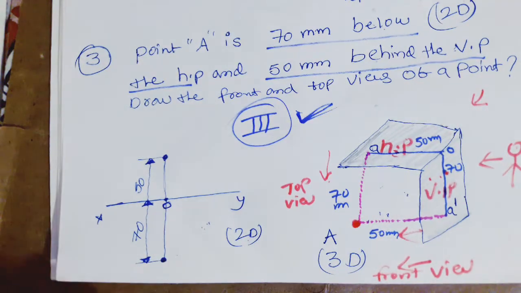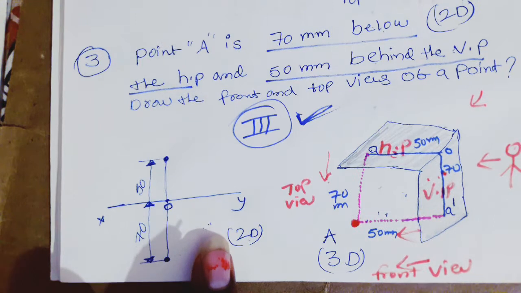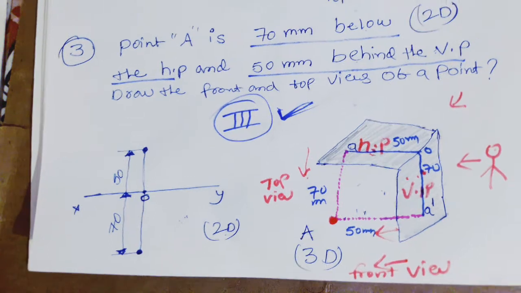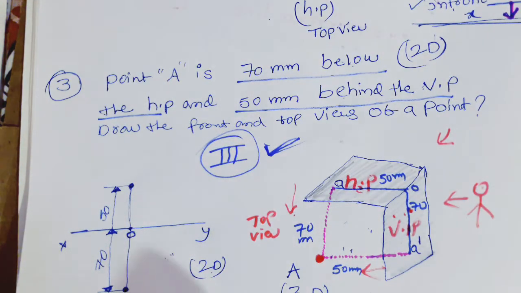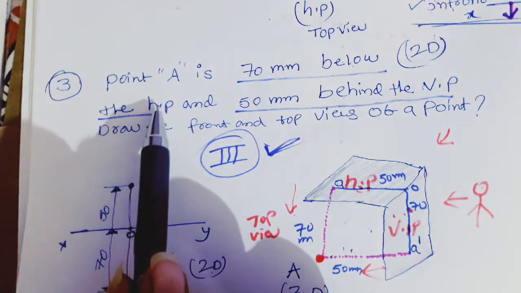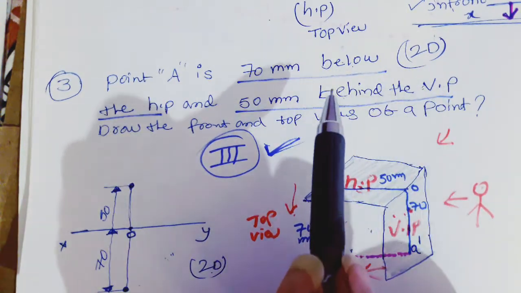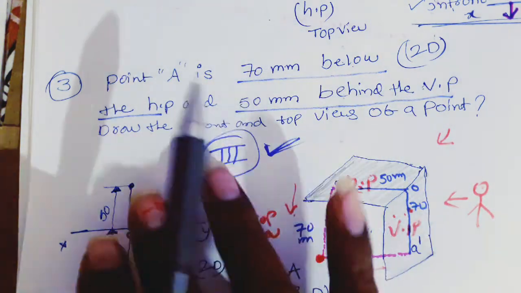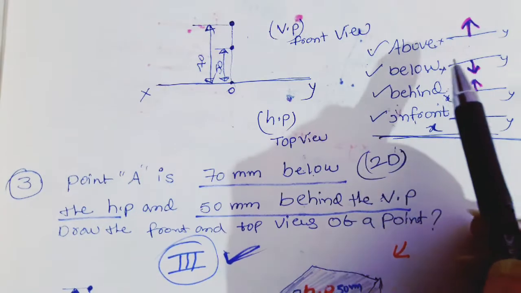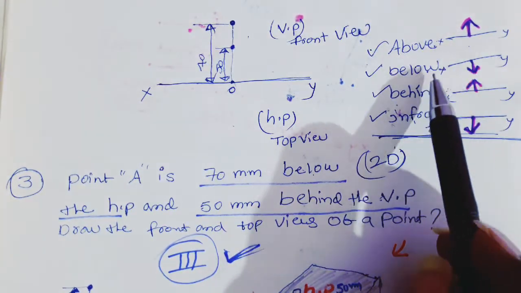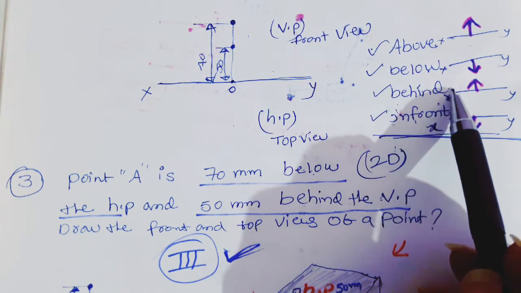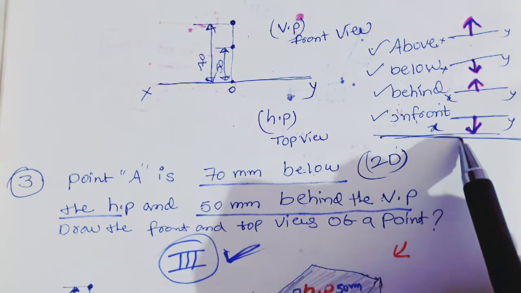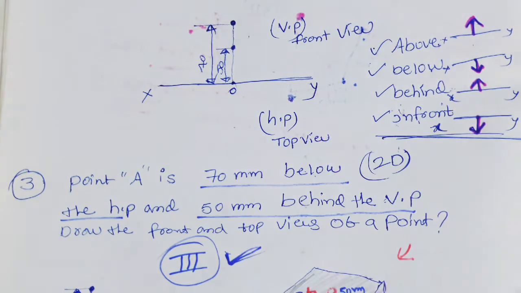In this way you have to show the third condition, when the object is placed below the HP and behind the VP. Try to observe what is given, HP or VP. If the condition is given like below, behind, in front, above, just follow this. Above means above the XY, below means below the XY, behind means it will again come above the XY line, in front means it will come below the XY reference line.